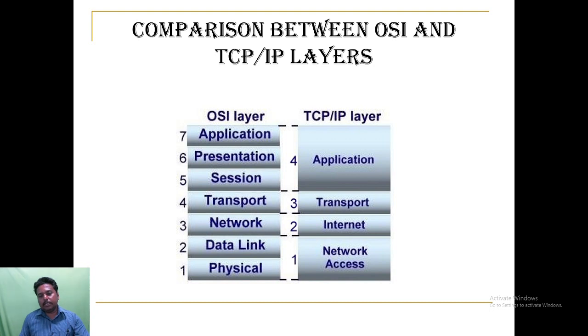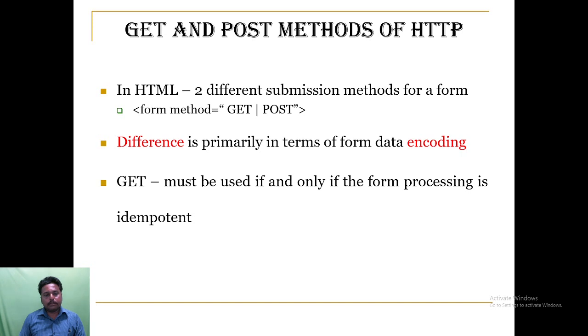Under TCP/IP, the topmost 3 layers, application, presentation, session, are combined into the application layer only. The transport layer is the transport layer, the network layer is the internet layer, and the data link layer and physical layer come under network access. So the OSI model follows 7 layers, while TCP/IP follows only 4 layers.